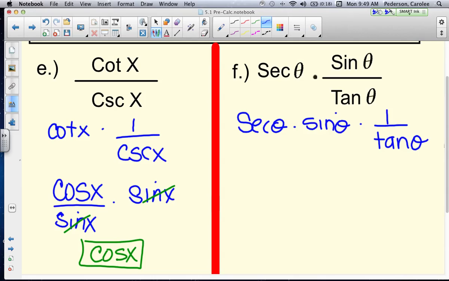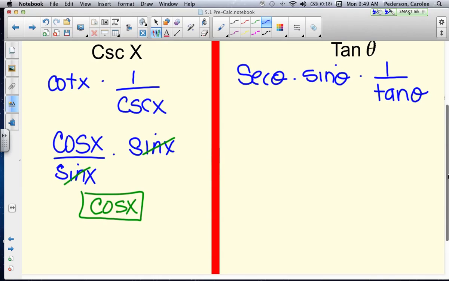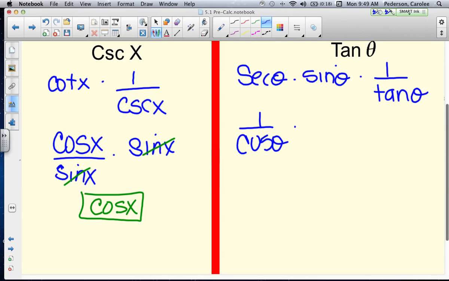Can I rewrite those 3 pieces to all sines and cosines to see if stuff can cancel out? How can I rewrite secant? 1 over cosine. Sine of theta is already in sines and cosines, so we're good.